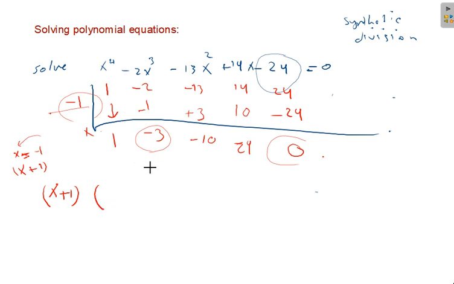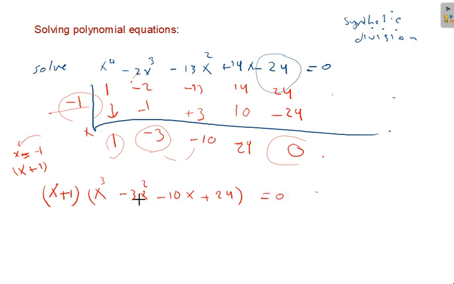And the equation will be, starting from here, 1x cubed minus 3x squared minus 10x plus 24 equals 0.